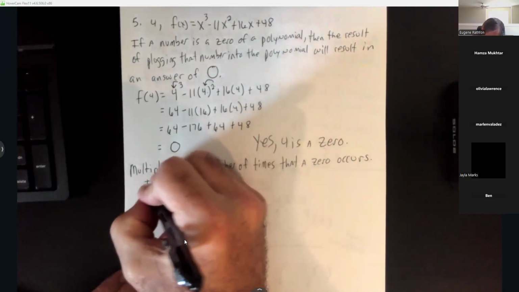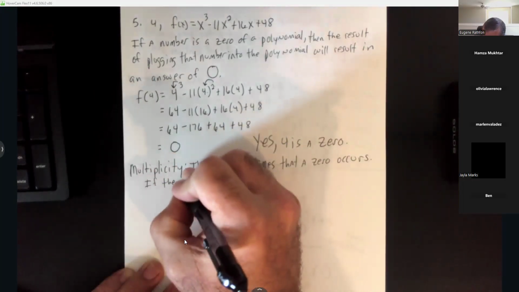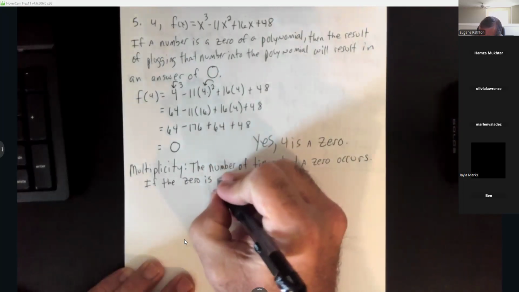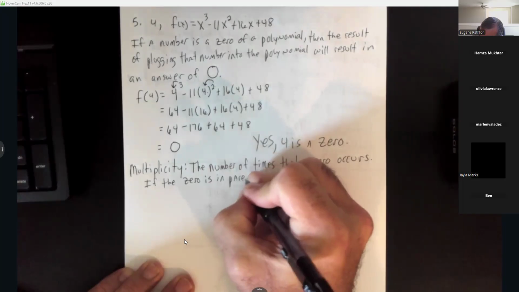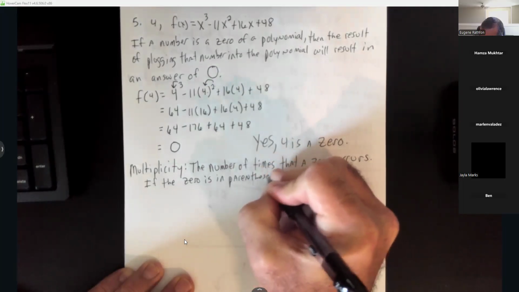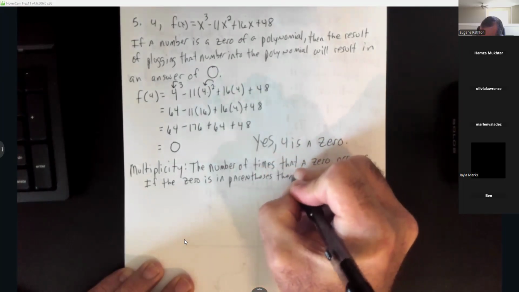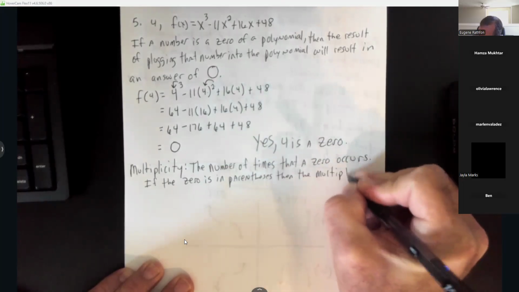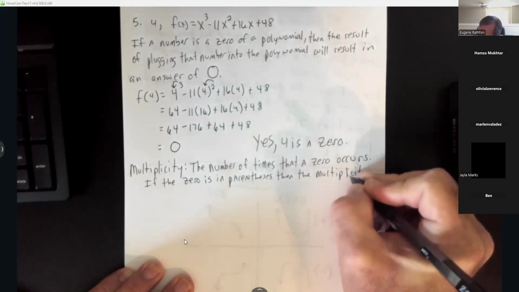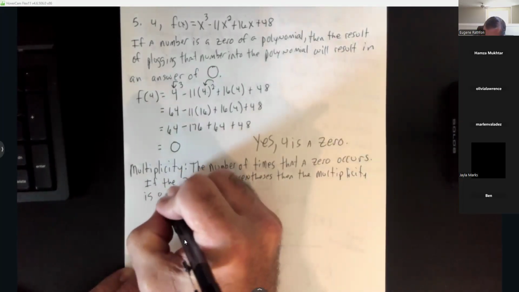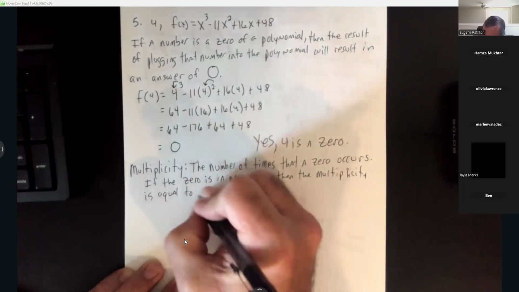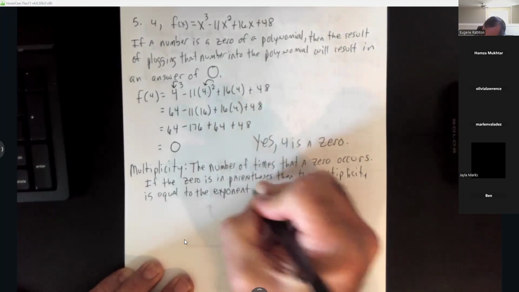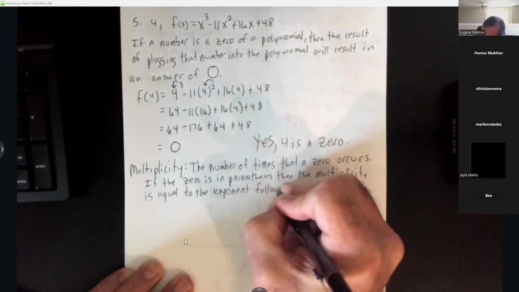If the zero is in parentheses, then the multiplicity is equal to the exponent following the parentheses.